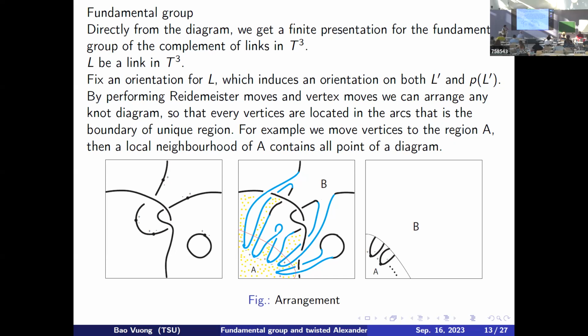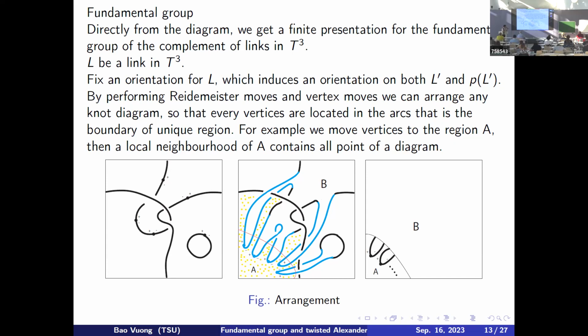Then we arrange every vertex via the vertex moves and the Reidemeister moves, so that we can arrange all vertices, both with negative and positive sign, in a unique region of the diagram considered as a graph.